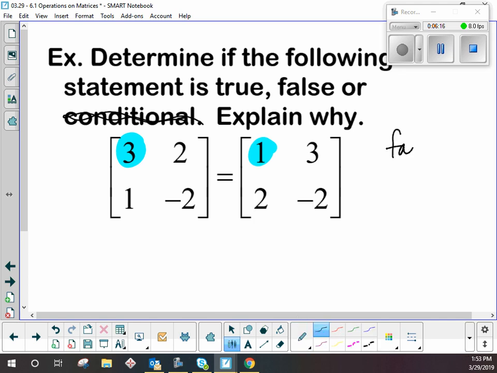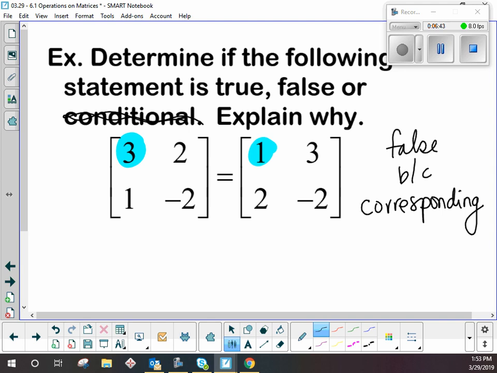It's false because, what kind of wording could you use here as a justification? It's false because, what are you saying, Hannah? Perfect. Corresponding entries aren't equal. If you give me something that's not that much like that math vocabulary, like if you say the stuff in the same spots isn't equal, I'll take that.